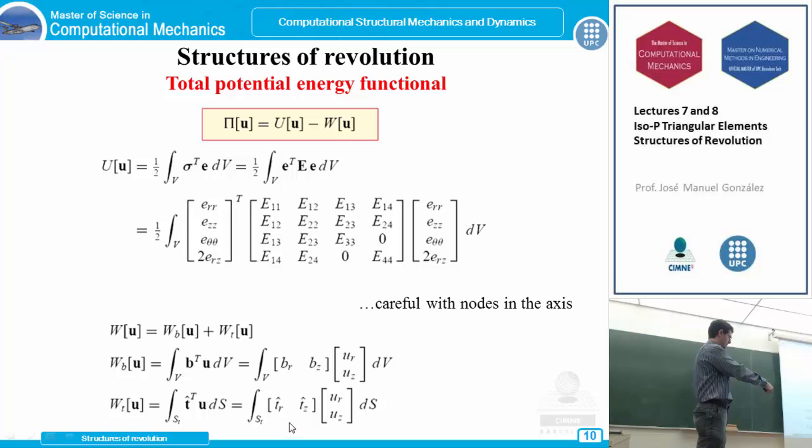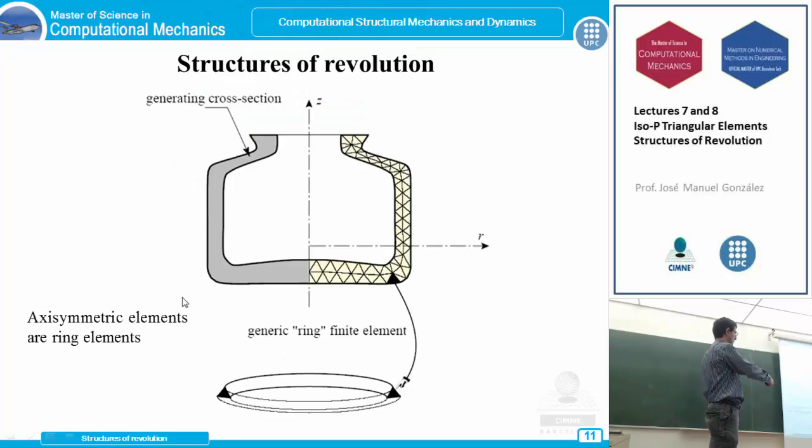This is the displacement, and these are the tractions, again in the radial direction and vertical direction, not in the circumferential direction, times the displacement, the 2 degrees of freedom we are considering in our axisymmetric problem. And now we can calculate this total potential energy using this expression, the internal energy less the external work, and this will lead us to the stiffness matrix.